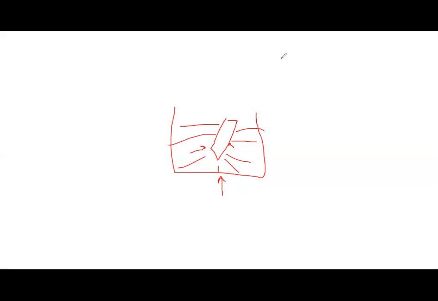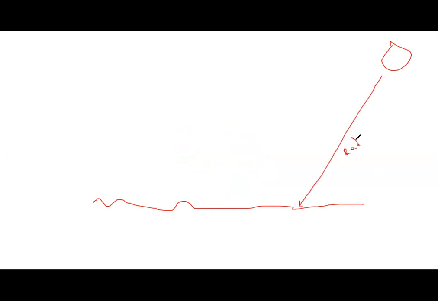This is the ground or air surface. This is the sun. Energy comes from the sun to the earth surface by radiation. So this is heat transfer by radiation. Then the surface of the earth or the ground becomes warm.